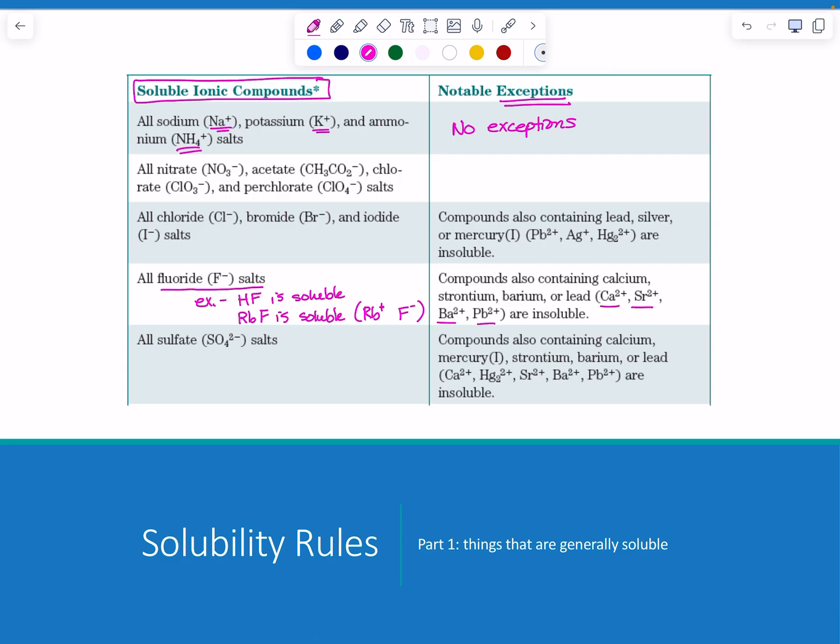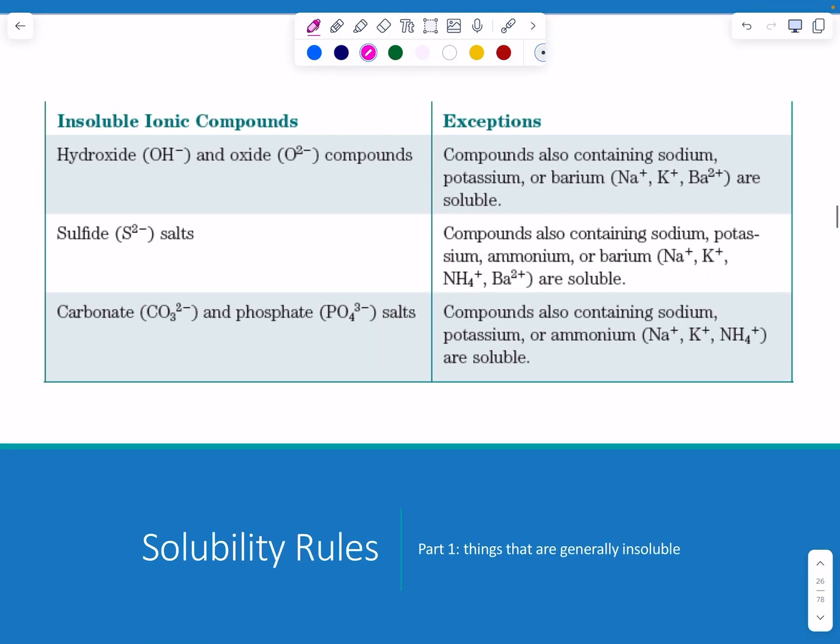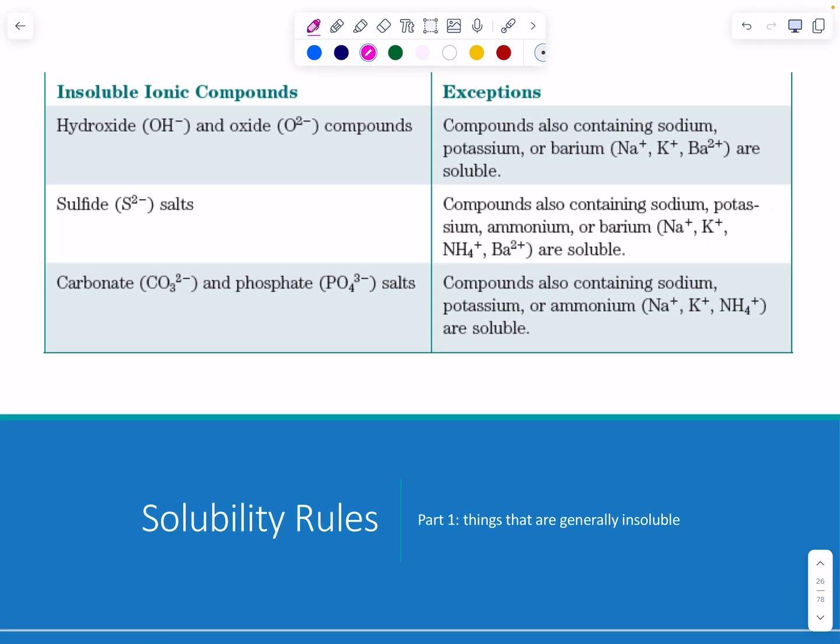So again, the top is things that are generally soluble with a few notable exceptions. The bottom of the table are things that are generally insoluble. So if your compound is a hydroxide or an oxide, so if the anion in your ionic compound is OH minus or O2 minus.